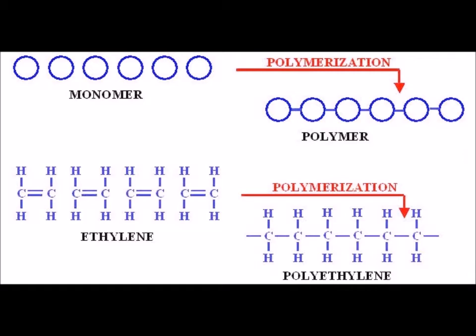During polymerization, the double bond of a monomer is broken, which allows the monomer to connect to another monomer, which breaks its double bond, and the process repeats until you have a long chain of molecules called a polymer.